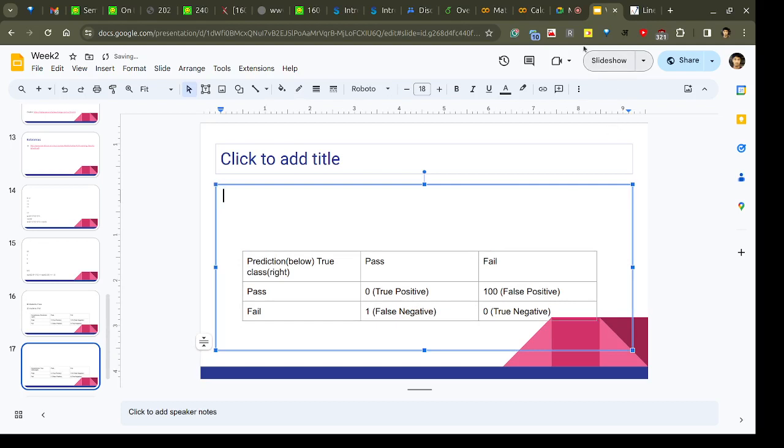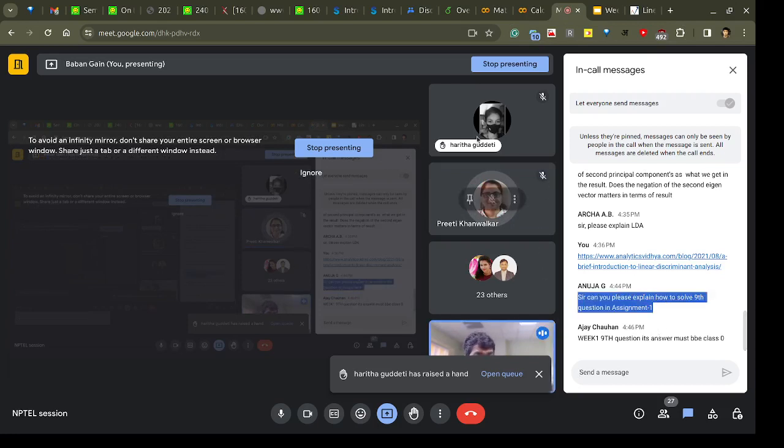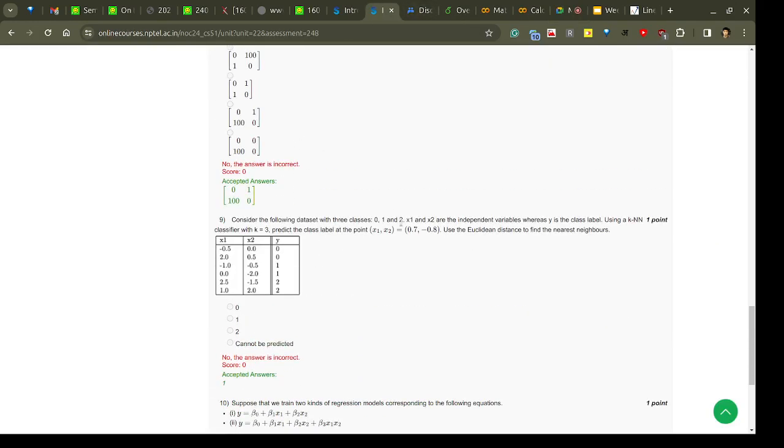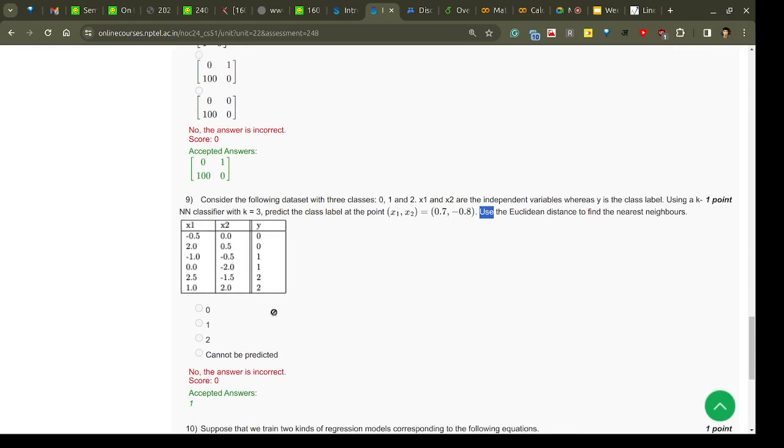Thank you. Week 1, 9th question. How to solve the 9th question in assignment 1. Okay. So we have this data and our point is 0.7 and minus 0.8.